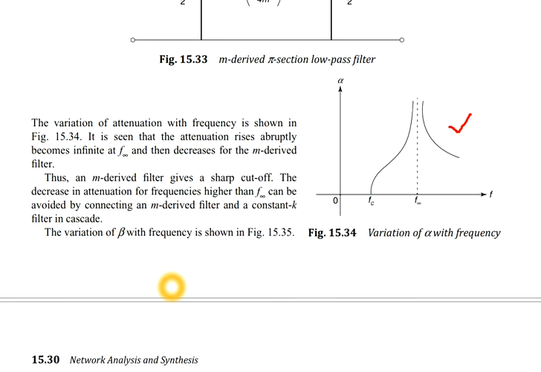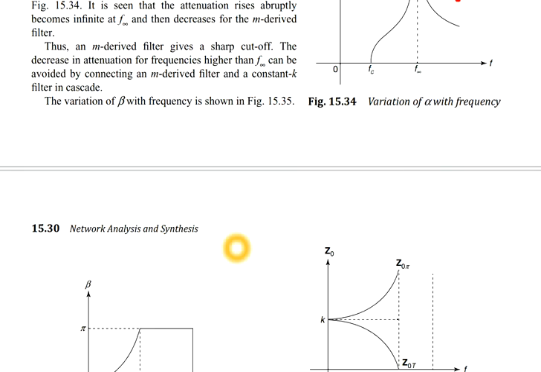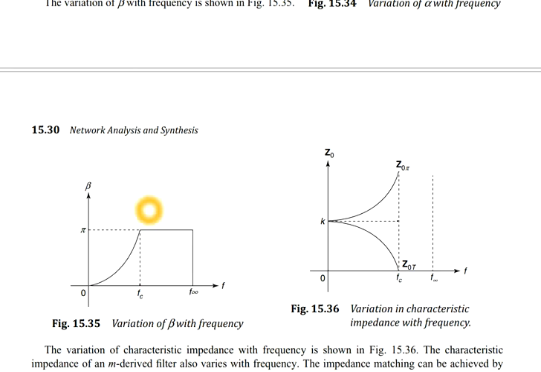Fine. Now we can also have the variation of beta with frequency, which is shown in the figure, the variation of phase constant beta with respect to frequency in case of the low pass filter. Similarly we can get the variation in characteristic impedance with respect to frequency.